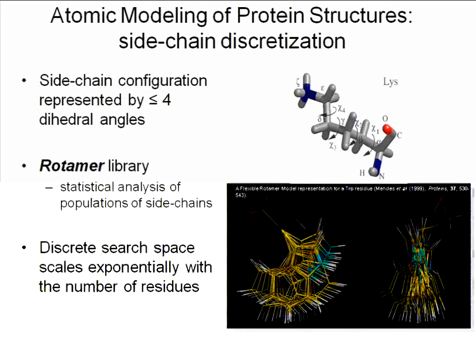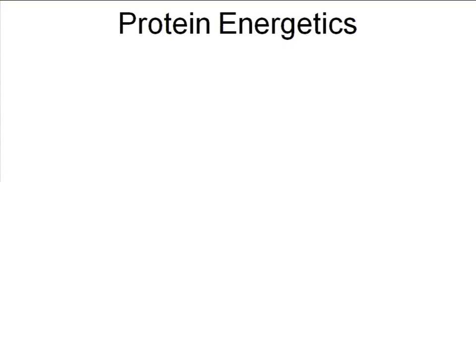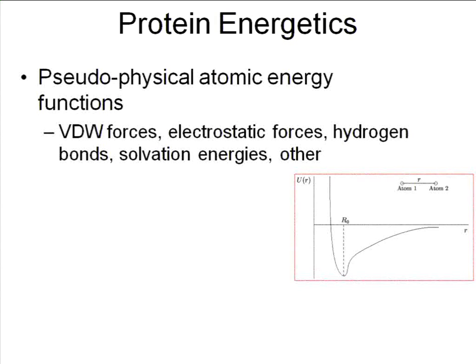I'm going to talk about our search algorithm in a minute, but in terms of the modeling, we have to score each amino acid sequence and each conformation. People have come up with all sorts of protein energy functions. Basically these energy functions consist of 2 parts.